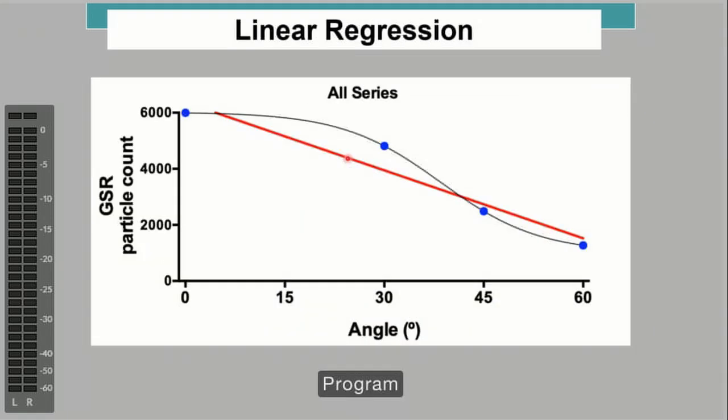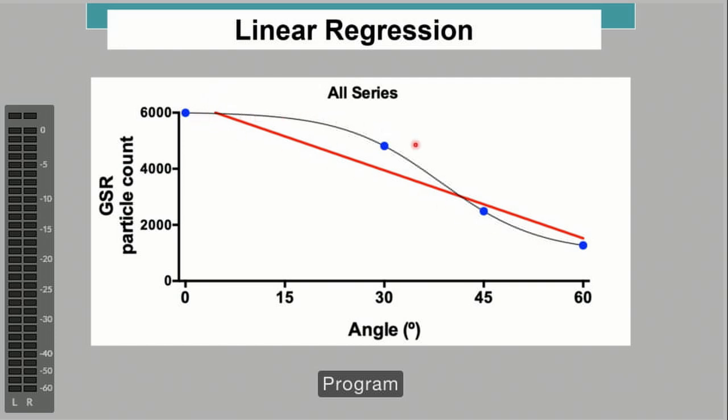I tried to do a linear regression. My co-author, Dr. Marco, is a statistical expert, a PhD scientist, and he's also an expert in image analysis using ImageJ. So he did that work for me. I asked him, can we do a linear regression? Well, we tried to, but it didn't work out.